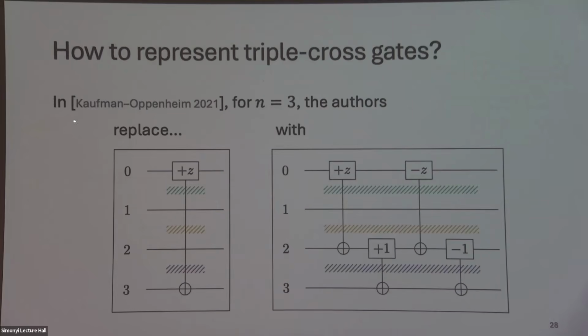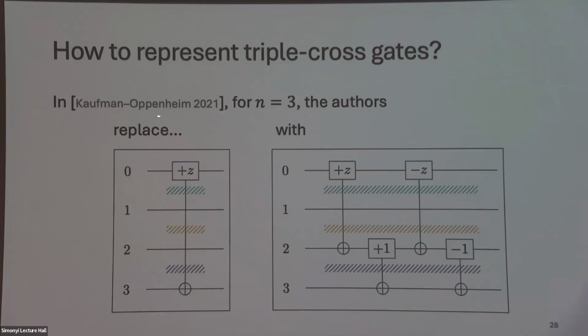One particularly annoying issue is that some of these relations, for instance if you had one gate here where my pointer is, and another gate where this pointer is, this relation would end up involving a gate going from, in this case, wire 0 to wire 3, if you want to commute them.